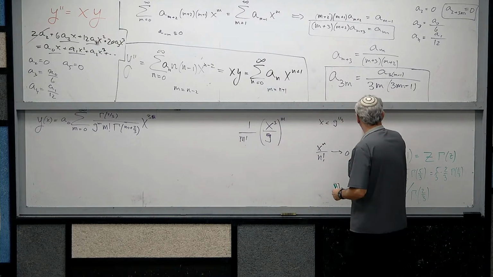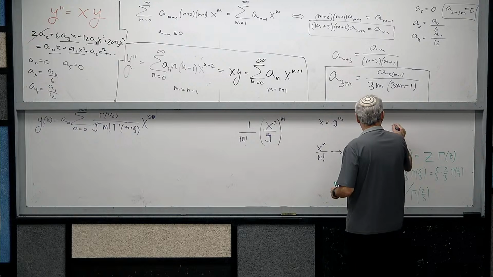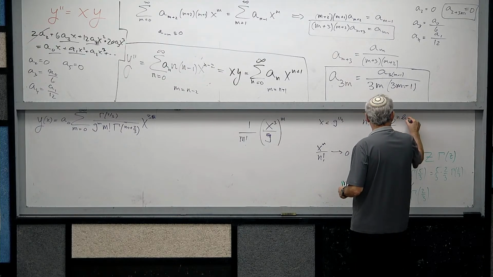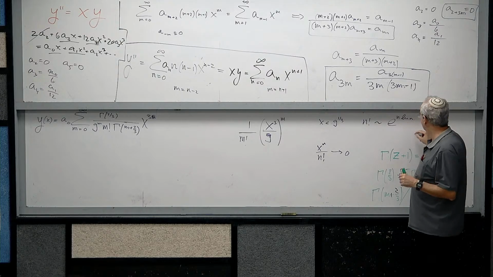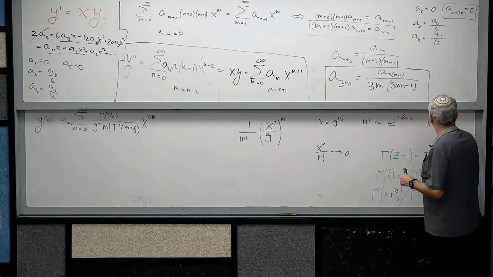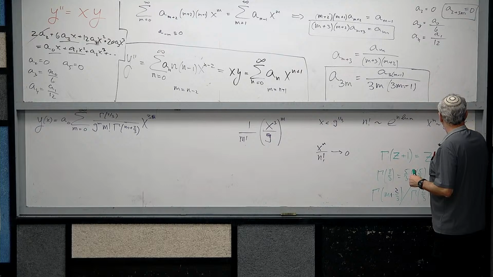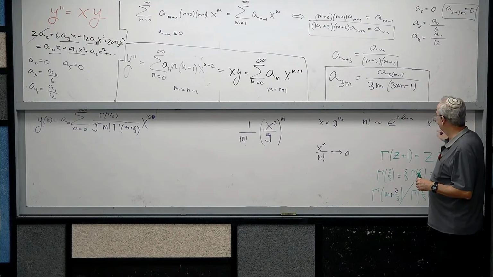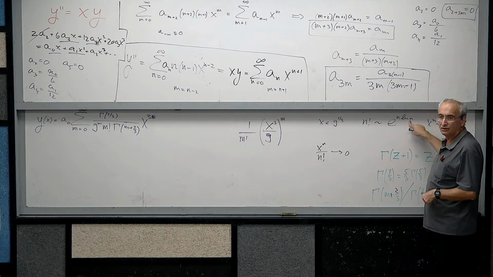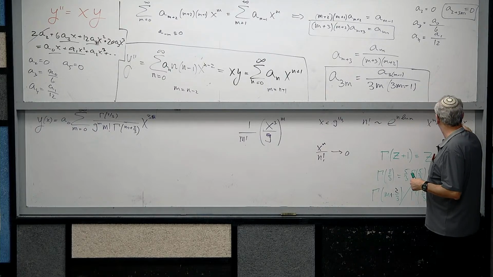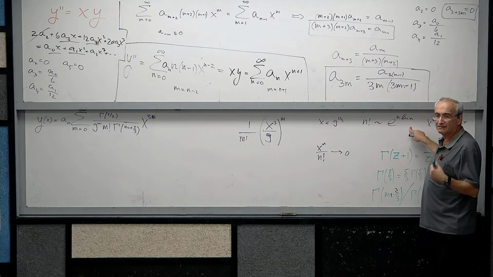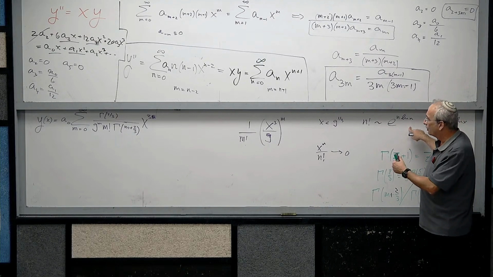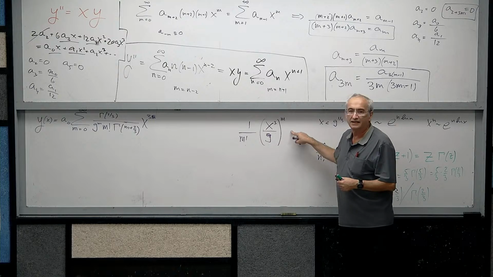Why? Because n factorial for large n is e to the n ln n, while x to the n is e to the n ln x, so it goes faster than exponential for fixed x as n goes to infinity.